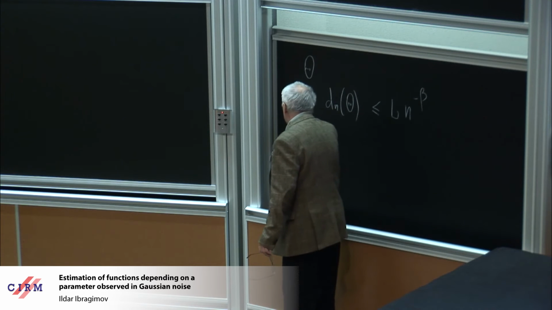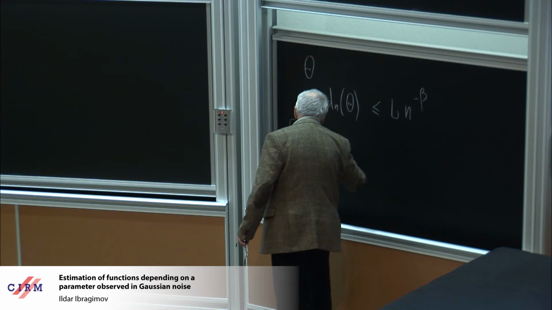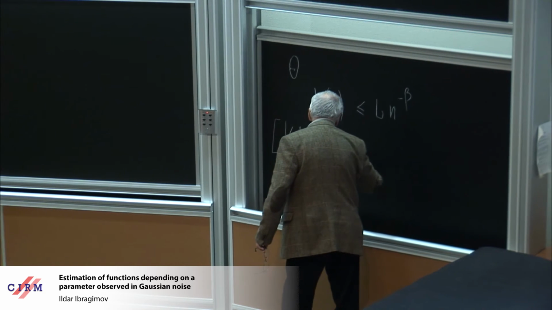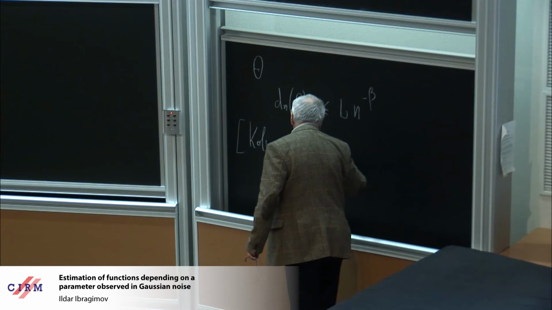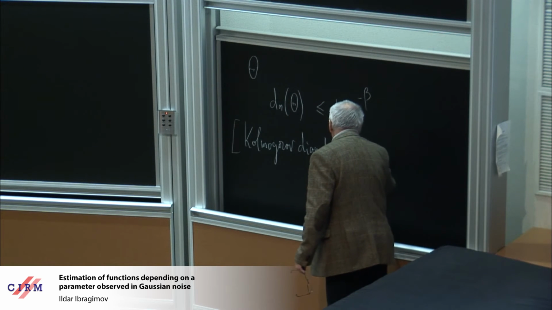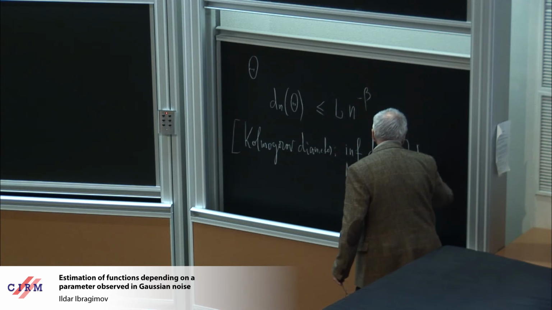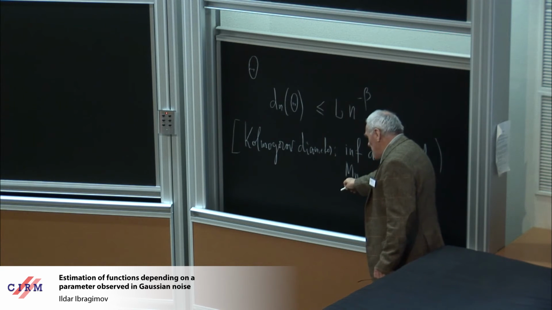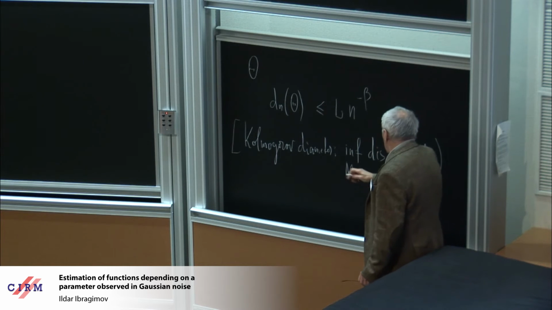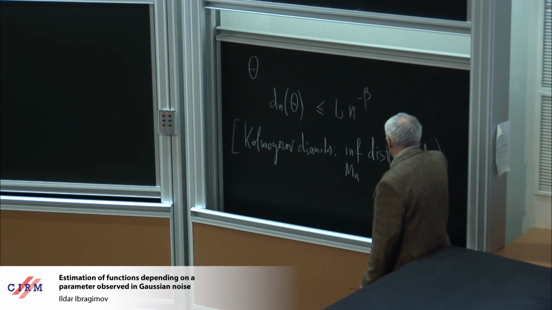I remind you that the Kolmogorov diameter, or Kolmogorov width, is the minimal distance over all n-dimensional linear manifolds Mn, and so it is the rate of approximation of theta by finite dimensional manifolds of dimension n.